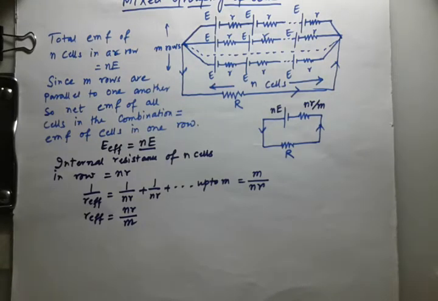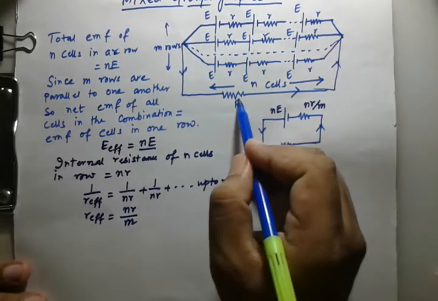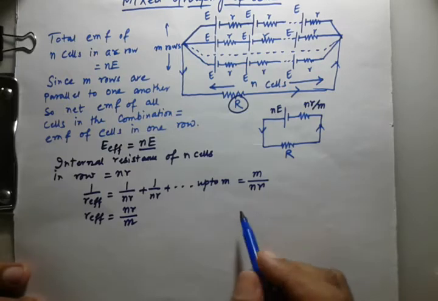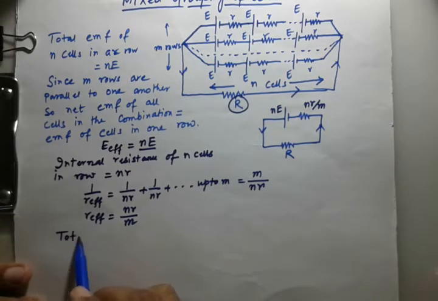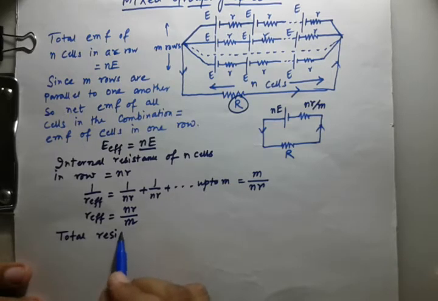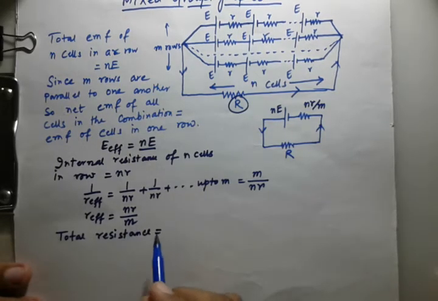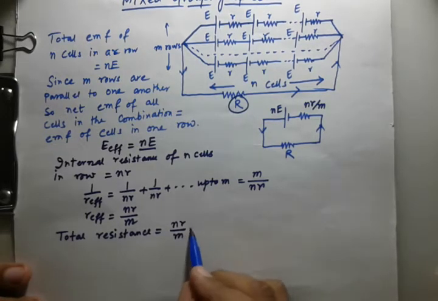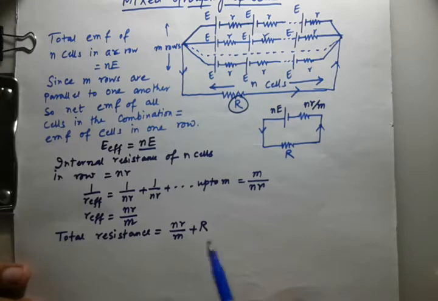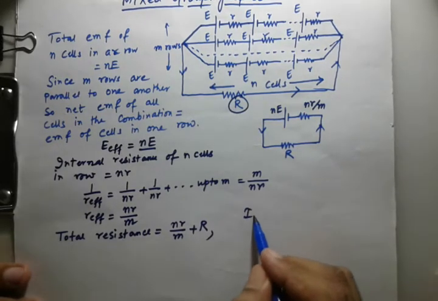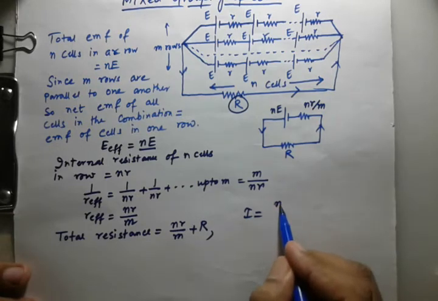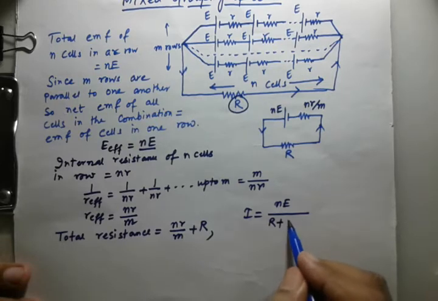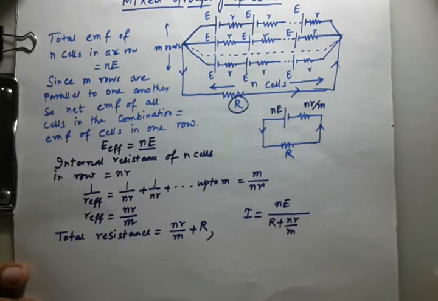Now we can understand that one external resistance is connected here. So total resistance is equal to nr by m plus R. So current in the circuit will be I equal to total EMF nE by total resistance, which is R plus nr by m.